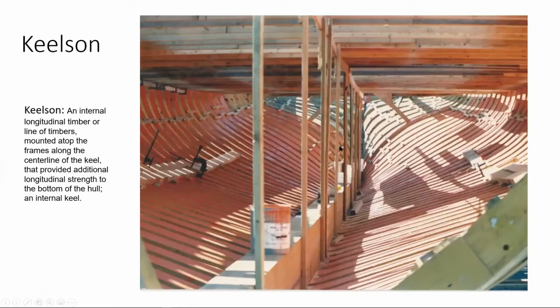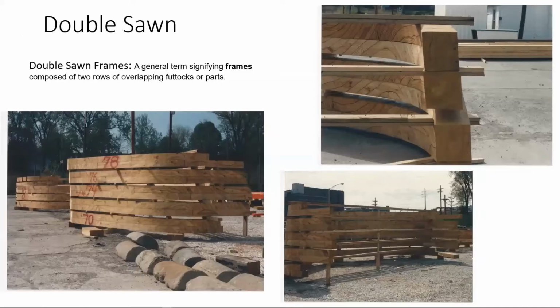Here we have the inner hull. Does double sawn mean that they're laminated? No, you can have double sawn and not laminated. Laminated means you're glued together with pieces on top of pieces. So you can see different pieces here.